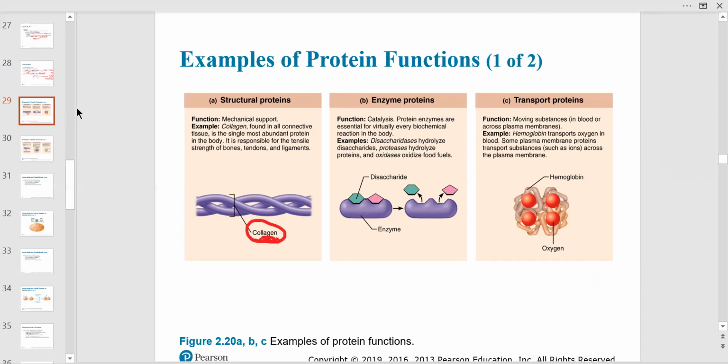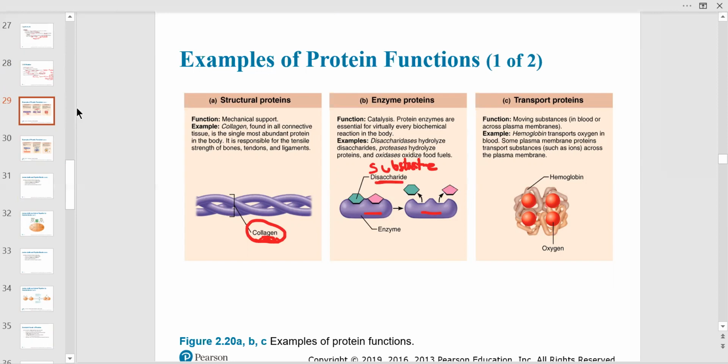And enzymes are specific for certain things, which we call substrates, like a disaccharide is a substrate for the enzyme. Substrate is a general term for what the enzyme is going to work on. So let's say the disaccharide is lactose.